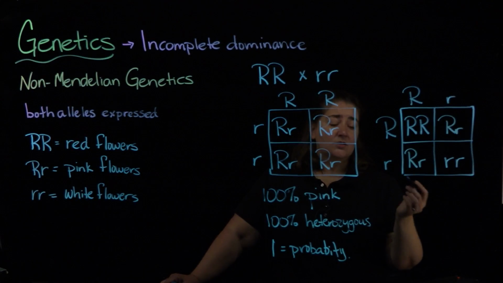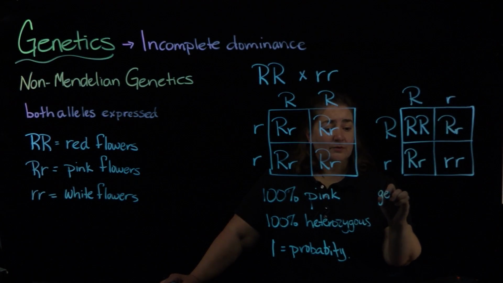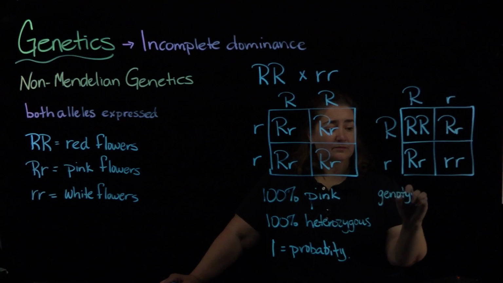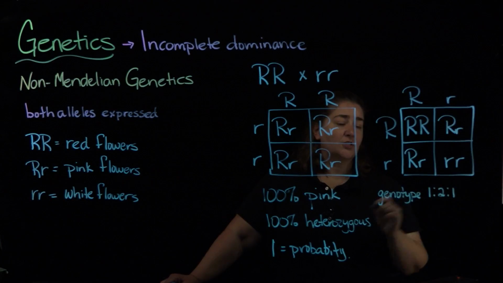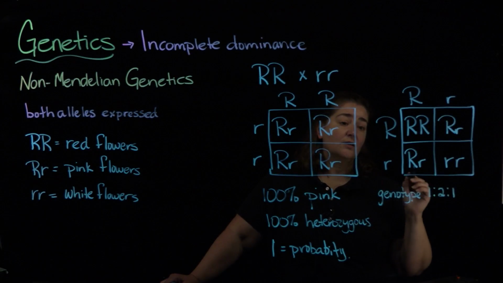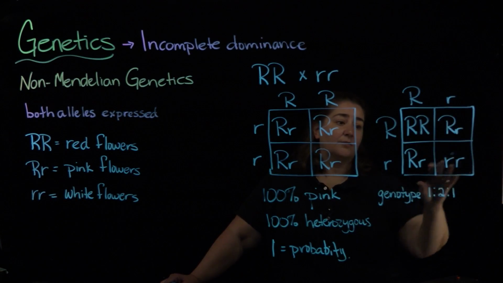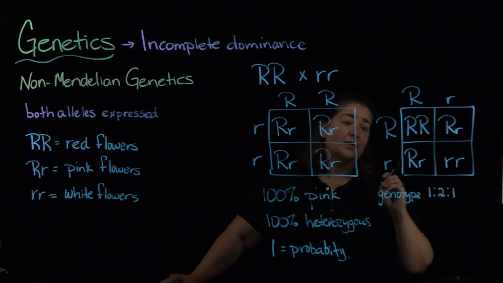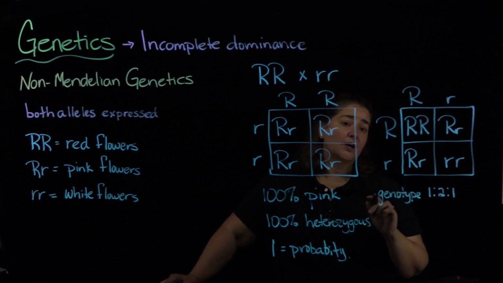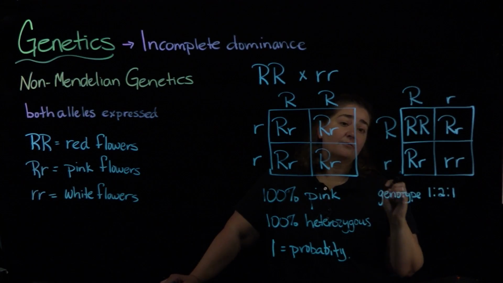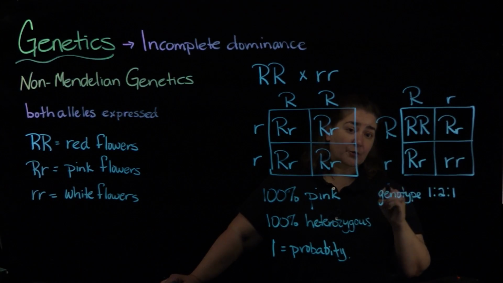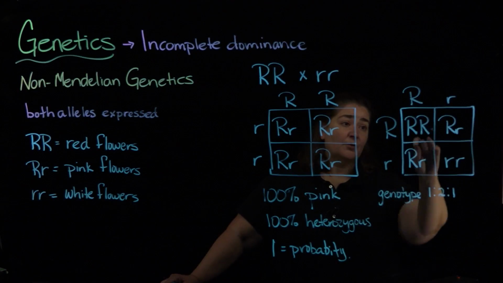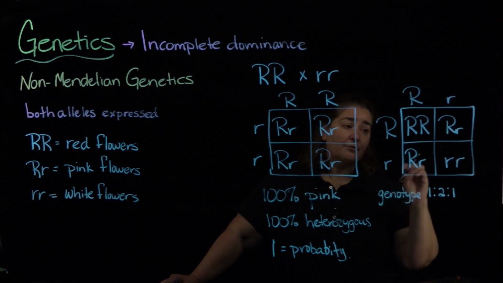In terms of genotype, we have a 1 to 2 to 1 ratio that we would expect from a cross with two heterozygous parents. Our phenotype is a little bit different. Remember with the purple and white flowers we had 3 purple to 1 white?